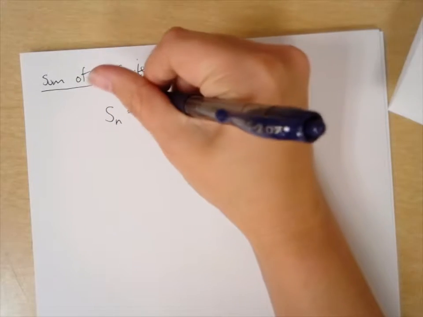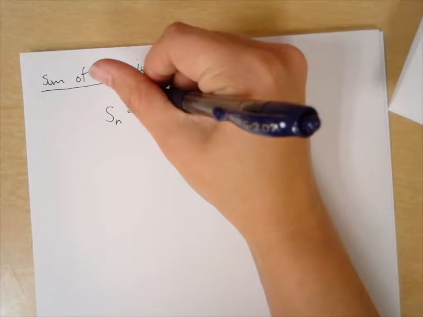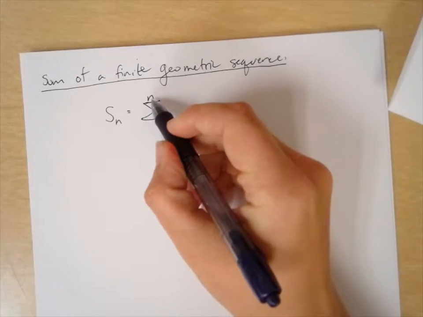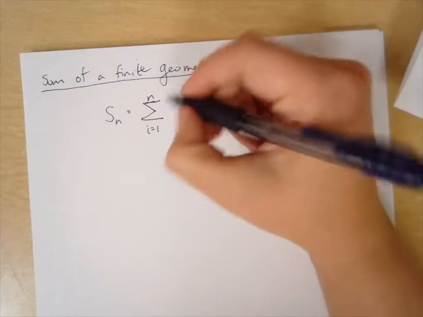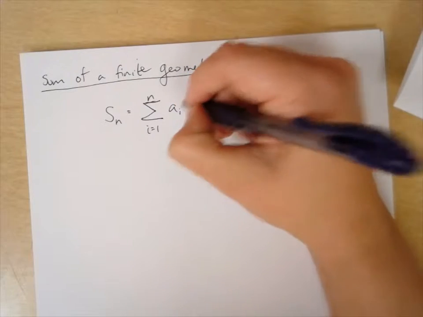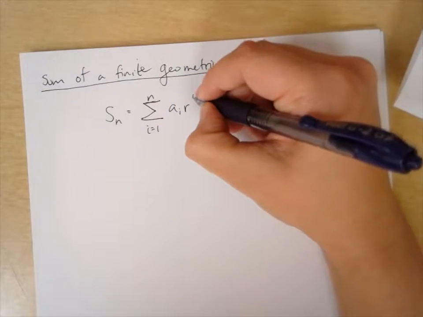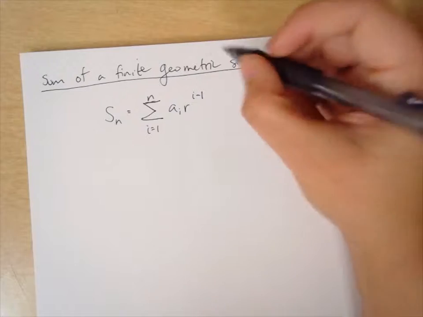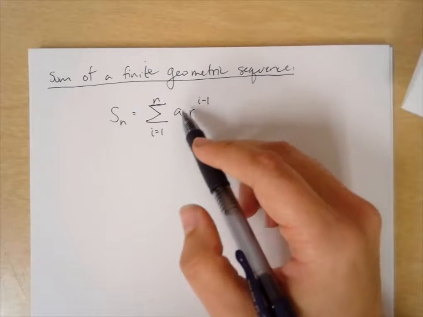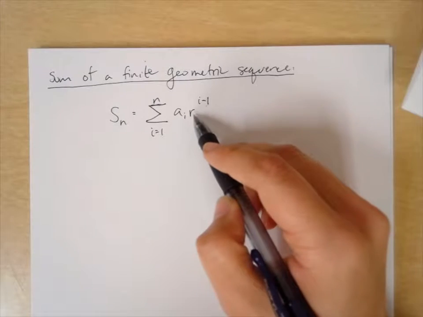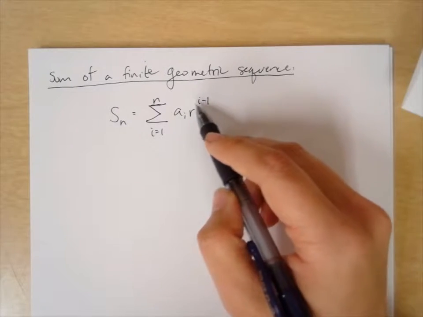It could look like a sigma notation with some value n on top, because it's finite, it ends. And we could say i equals 1 on the bottom, and then we'd have a sub i times r to the i minus 1. I want you to recognize that this is actually a geometric sequence, with an a sub 1 times a ratio to the n minus 1.